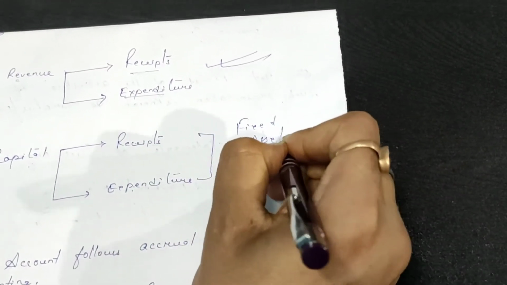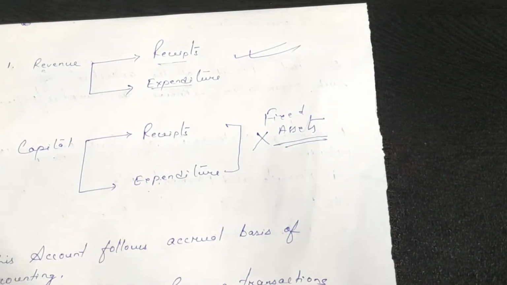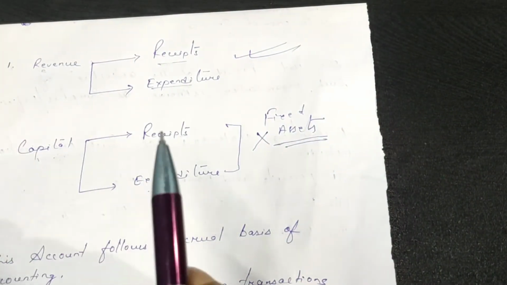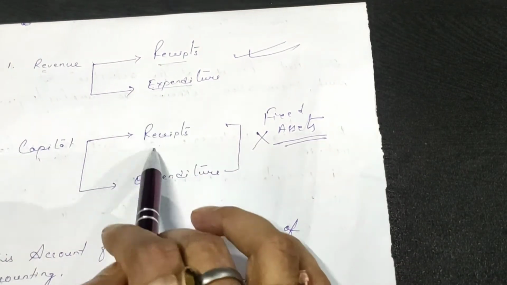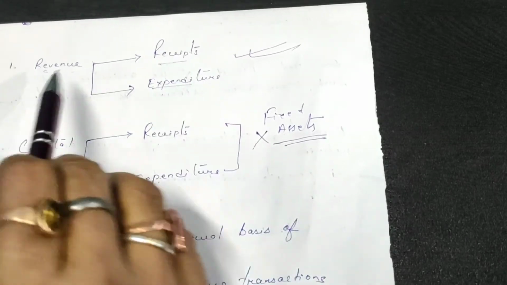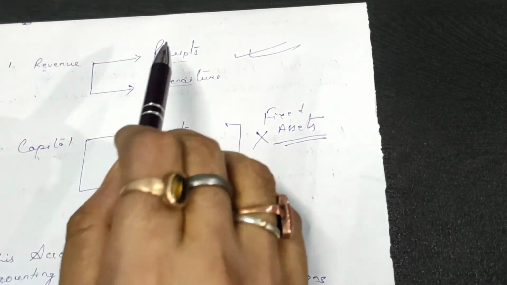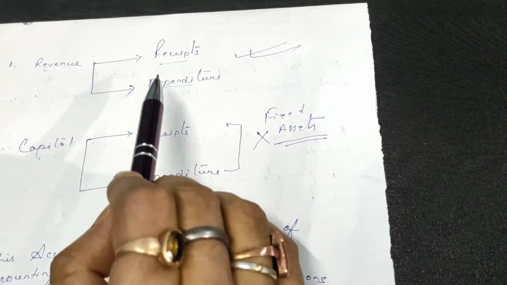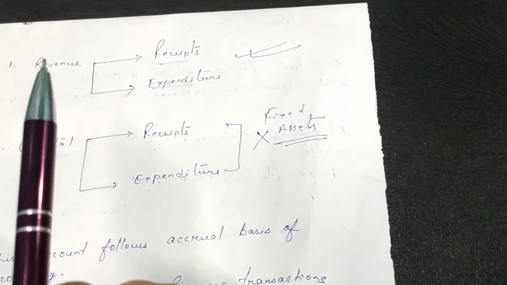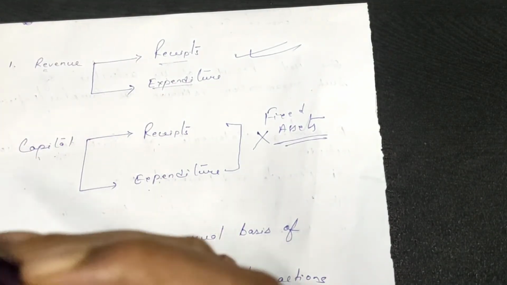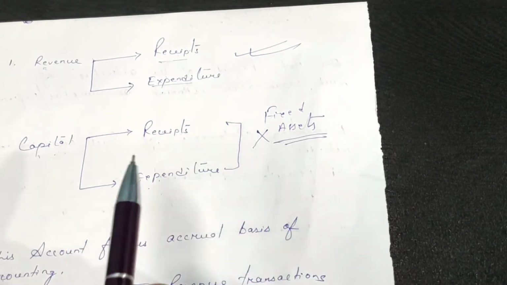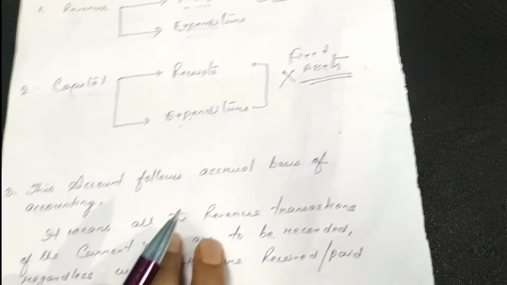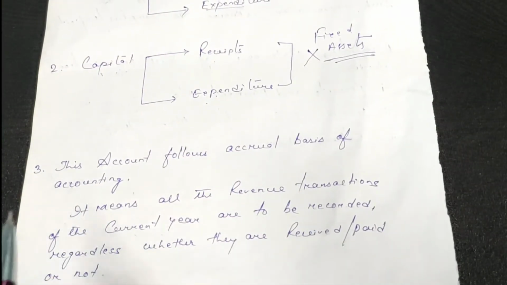If you have any such entries in your question, they will not be recorded in the income and expenditure account. I will repeat these two points once more. Revenue receipt and revenue expenditure are the ones you record in your income and expenditure account, whereas any capital receipt or capital expenditure will not be recorded.